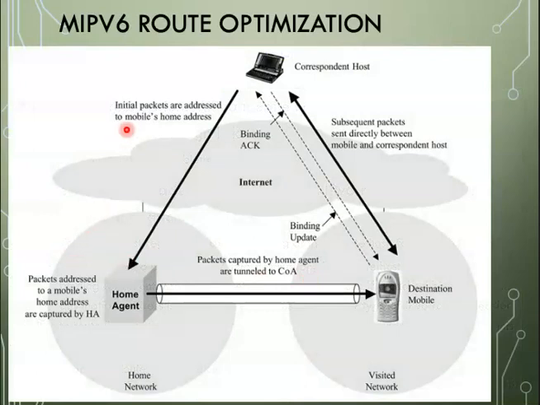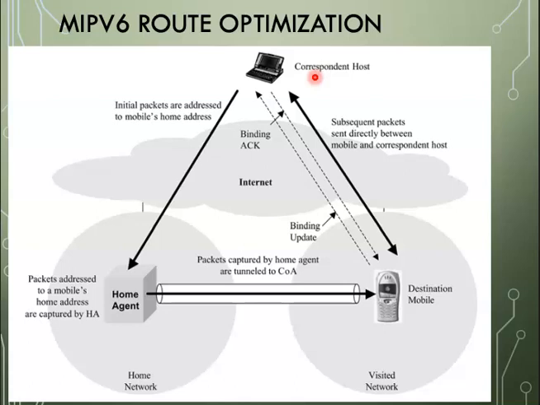So this is the mobile IPv6 route optimization. To support route optimization, mobile IPv6 requires each host and each home agent to use a binding cache, or binding registry, to maintain the binding information received from the mobile host.